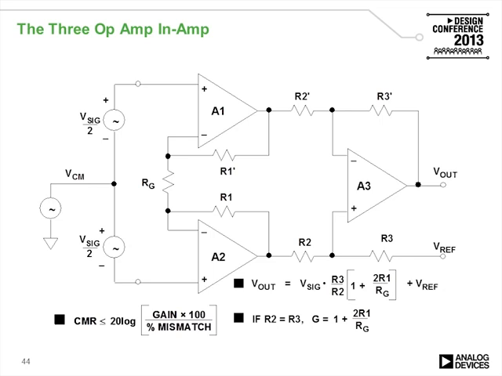The classical 3 op-amp instrumentation amplifier is shown on this slide. Typically, R2 and R3 are the same value, and the amplifiers A1 and A2 generate the gain of the circuit.